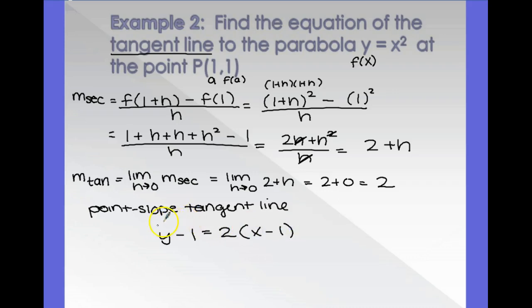It's like y minus f of a equals the slope of the tangent times x minus a. So here's our answer: the equation of the tangent line is y minus 1 equals 2 times (x minus 1). The flaw in all of this is that your textbook is going to put your answers in slope-intercept form, so in order to check them in the back of the book, we have to change it into slope-intercept.